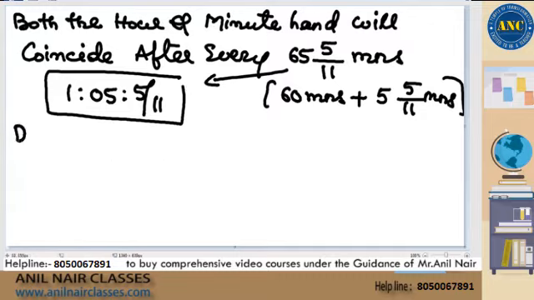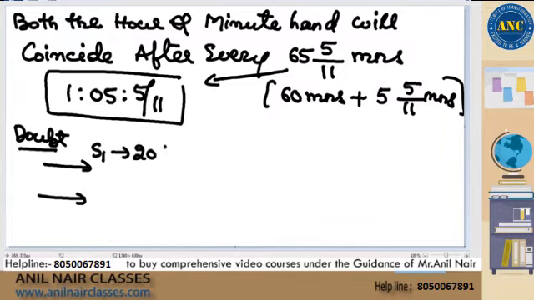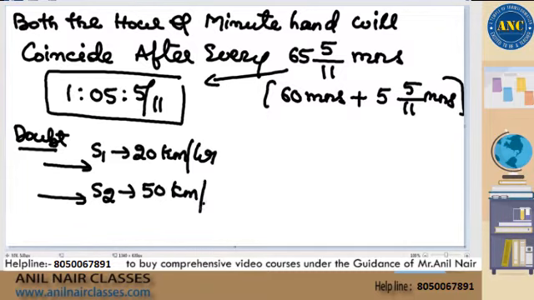Now, Sai, you asked a doubt: sir, why is it S1 minus S2? For example, two trains are traveling. S1 is traveling at 20 kilometers per hour. S2 is traveling at 50 kilometers per hour. Both are traveling in the same direction. So after 1 hour, S1 will travel 20 kilometers, S2 will travel 50 kilometers.